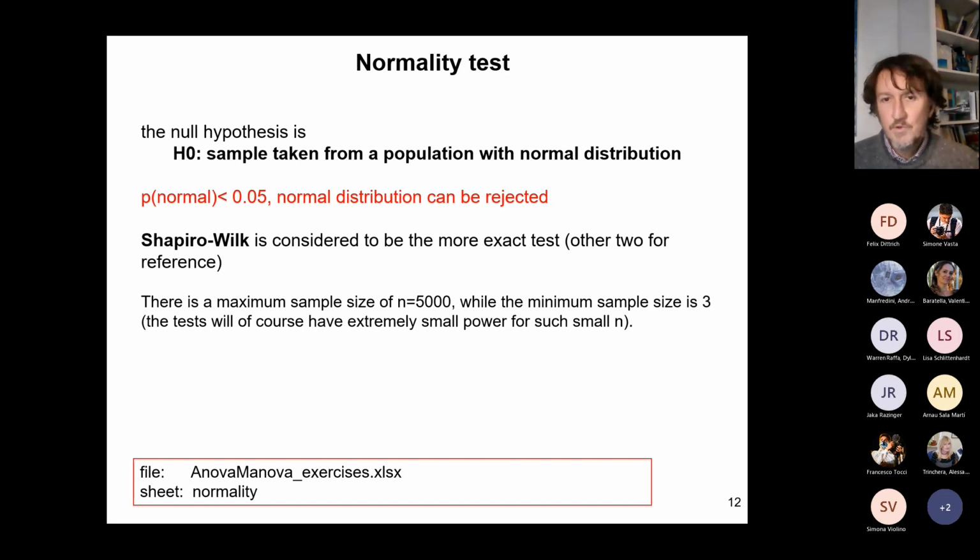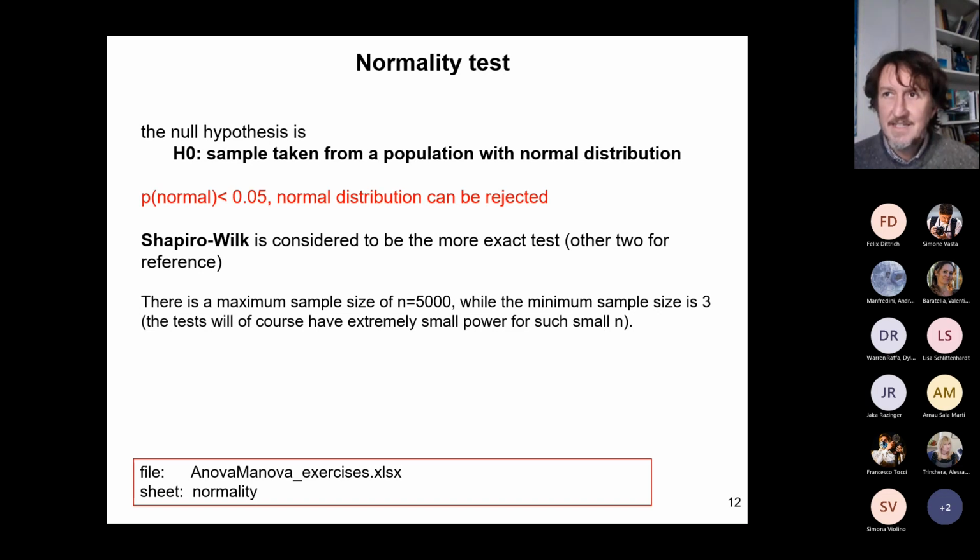So this distribution is not normal. Shapiro-Wilk is one of these tests and is considered to be the more exact, but of course it depends on the kind of data that you have. So we can start with a simple exercise.